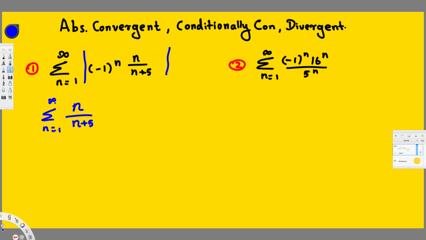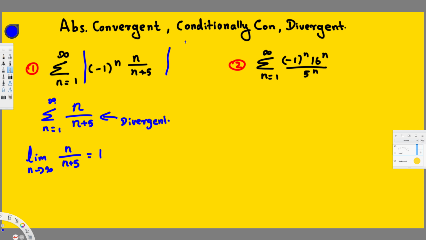If you take the limit of n over n plus 5 as n approaches infinity, and we don't get 0, it's automatically divergent. Here it's 1, so this is definitely divergent. So when we take the absolute value and test, and we find this is divergent, this means it is not absolutely convergent, but it may be conditionally convergent.